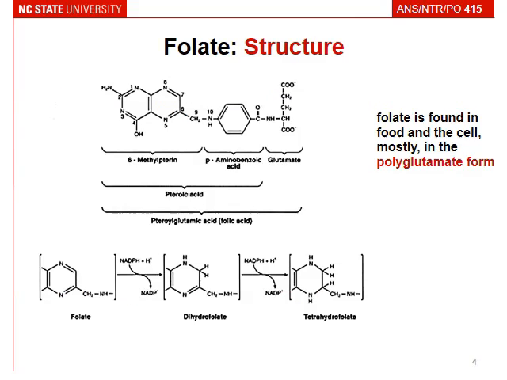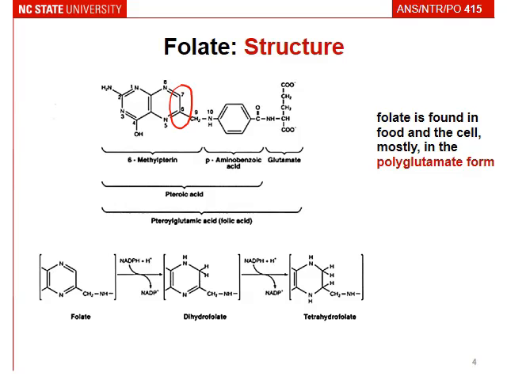So here we have the structure of folate in its various forms. In this main picture on the top, you can see what makes up our folic acid. The main difference between folate, dihydrofolate, and tetrahydrofolate depends on the number of hydrogens on the 7 carbon and 6 carbon.